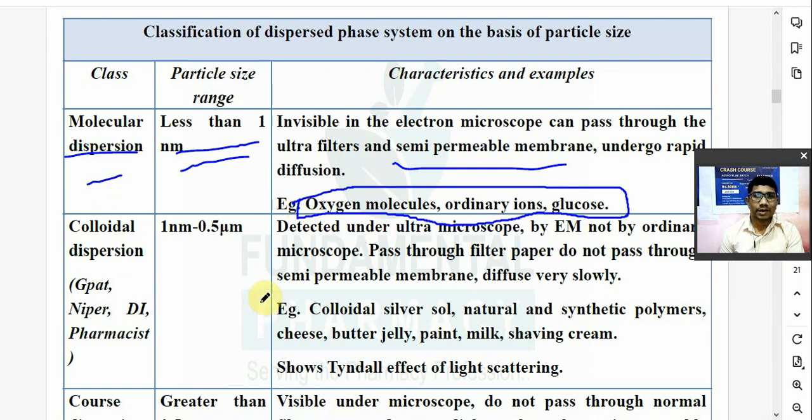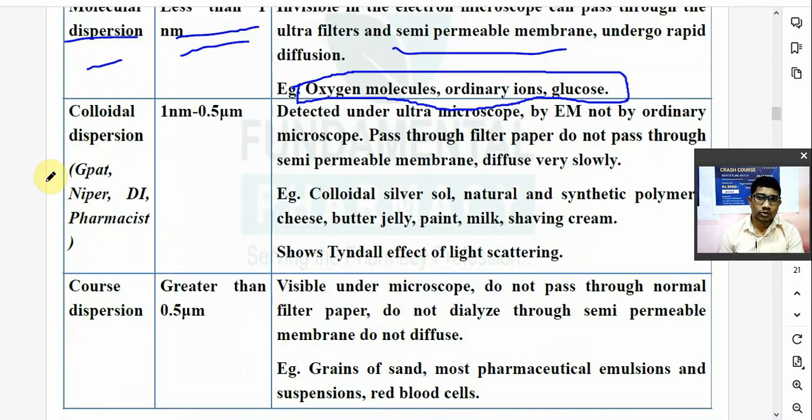Second is your colloidal dispersion. The particle size of colloidal dispersion lies in the range of 1 nanometer to 0.5 micrometer.